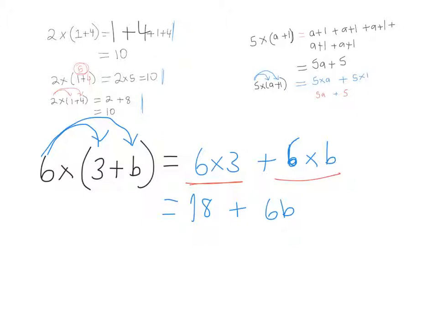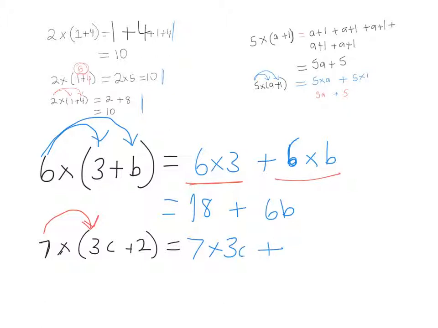Okay, let's do another example. Let's try something a little bit harder, shall we? 7 times (3c plus 2). Now this is the same deal. Again, if you want to pause the video to give this a try, now's the time to do that. So 7 times 3c, plus 7 times 2.